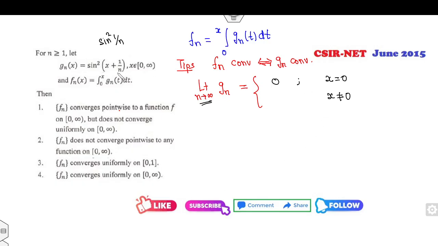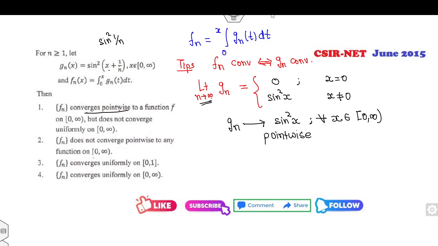If x is non-zero, then taking n approaches infinity, this value will be sin square x. Fine. So I can combine them, because sin 0 is 0. So I can say g_n converges to sin square x for all x belonging to the domain 0 to infinity. That means it converges pointwise.